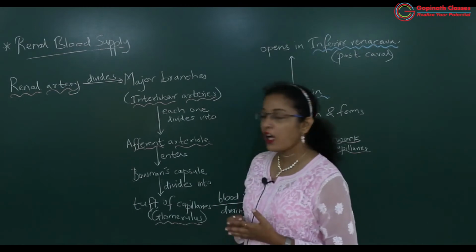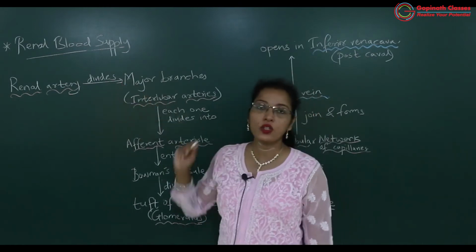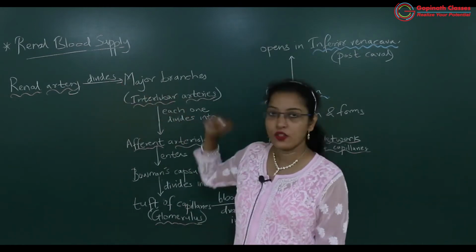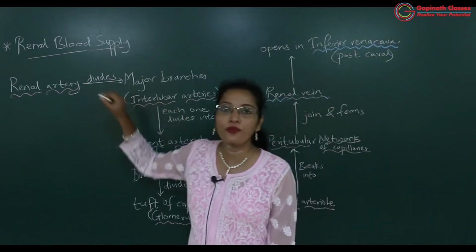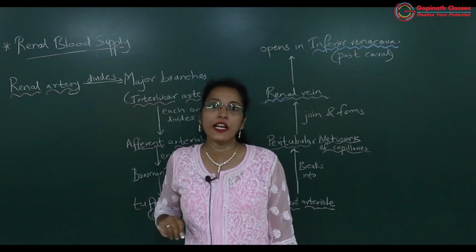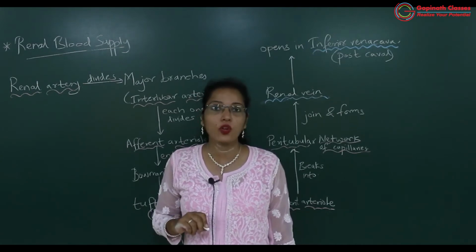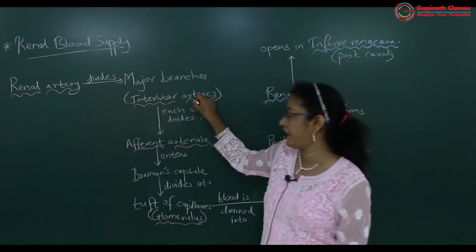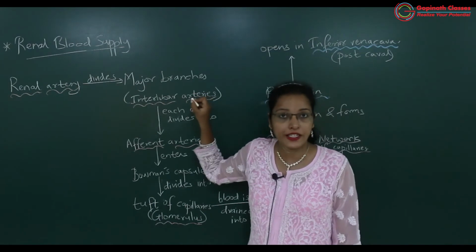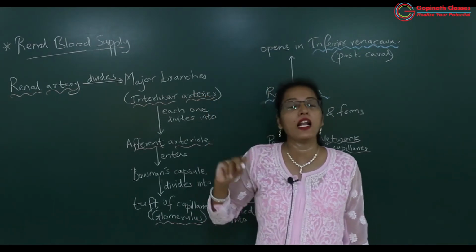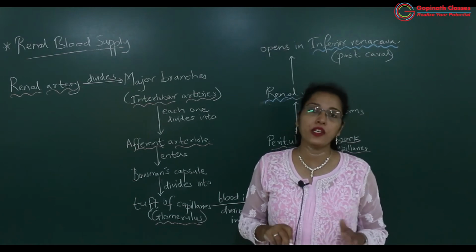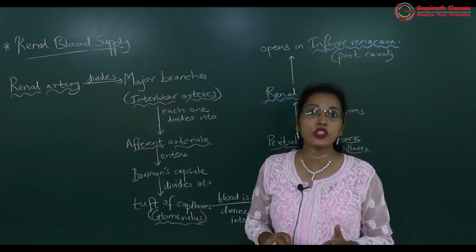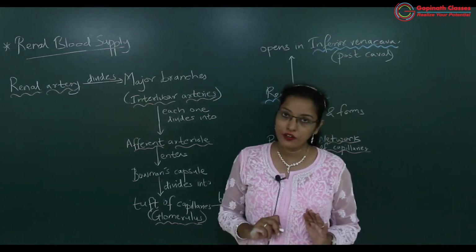The renal artery divides into major branches, and those major branches which are formed when the renal artery enters the kidney are known as interlobar arteries. Many interlobar arteries spread all over the kidney after entry of the renal artery through the hilum of the kidney.